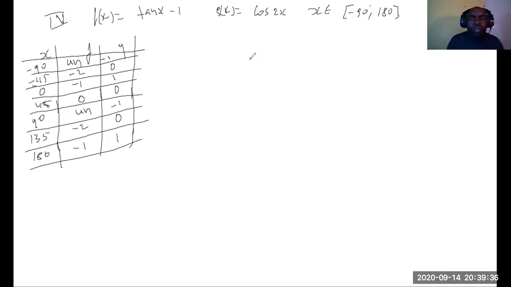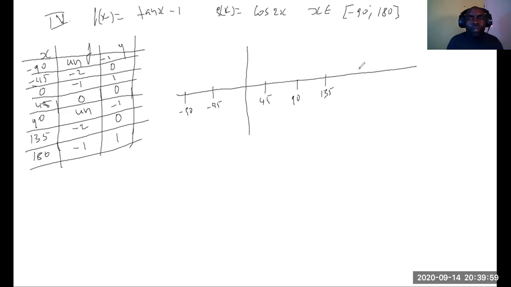I go to my Cartesian plane. Here I have minus 90, minus 45, 45, 90, 135, 180. Then I have my 1, 2, -1, -2, and it goes.